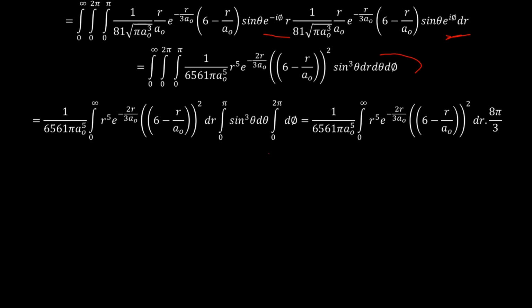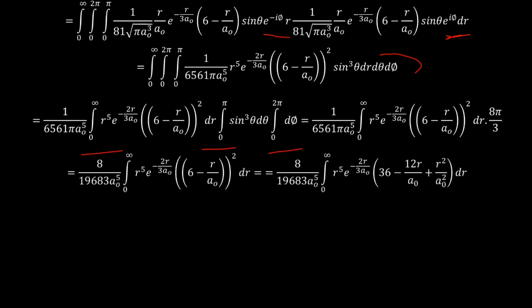So this is the phi component, this is the theta component, and this is our radius component. We have this expression after taking everything together. This expression here has been absorbed into 8 pi over 3. Solve that by mathematics, and this is our final value we want to evaluate.